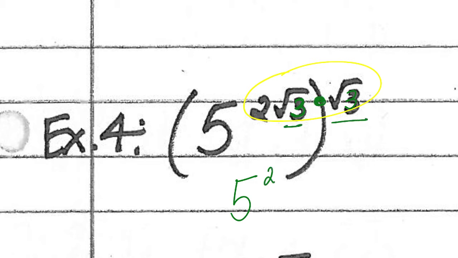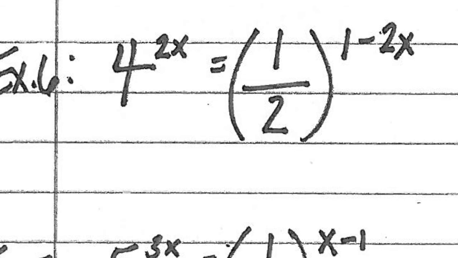So this is 2 times, well, root 3 times root 3 is just 3, correct? So we know this answer is 5 to the 6th power. Now, if you were doing this without a calculator, I would not make you work this out. But in this case, you should have a calculator, and you could put this right in as 15,625.